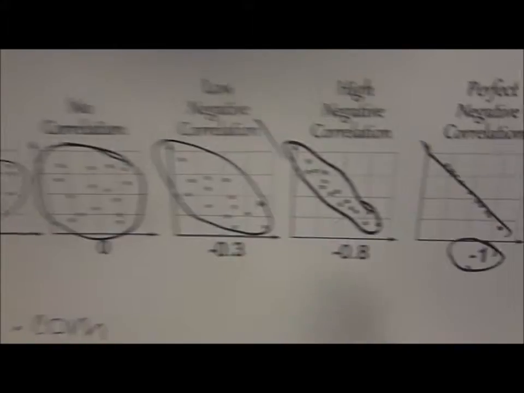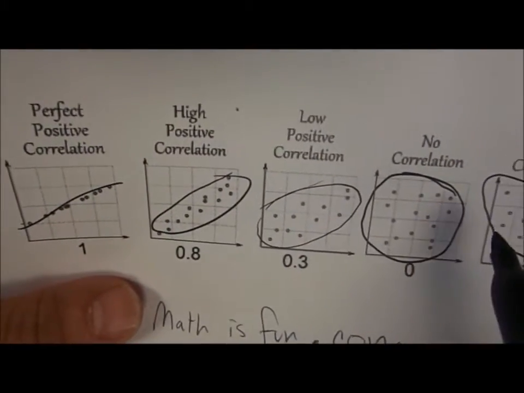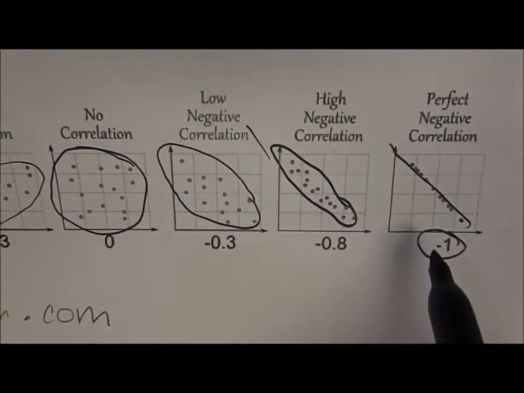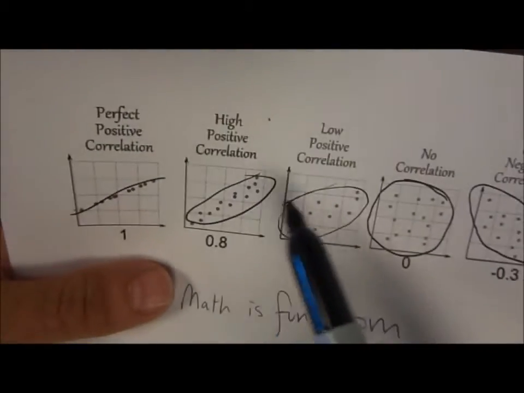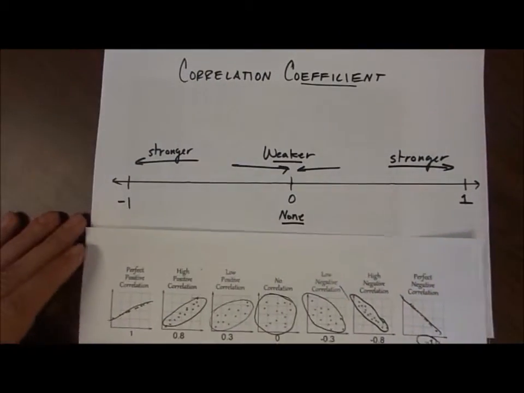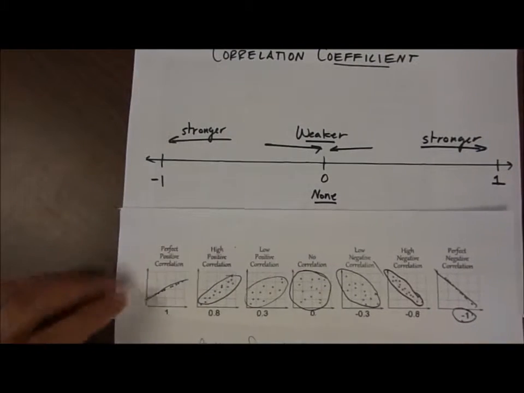It's very strong. Cool? So positive correlation uphill, negative correlation downhill. Strength of correlation means you're getting closer and closer to linear on either side, okay, of your 0 line.